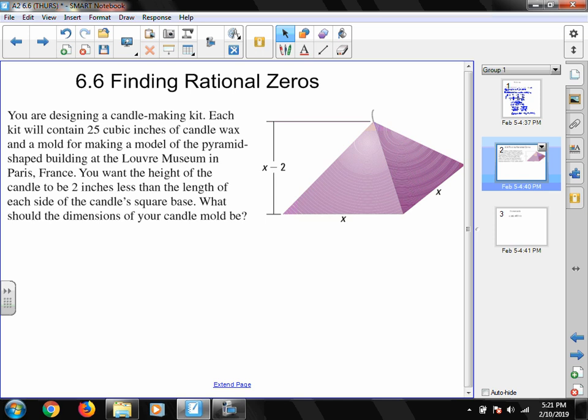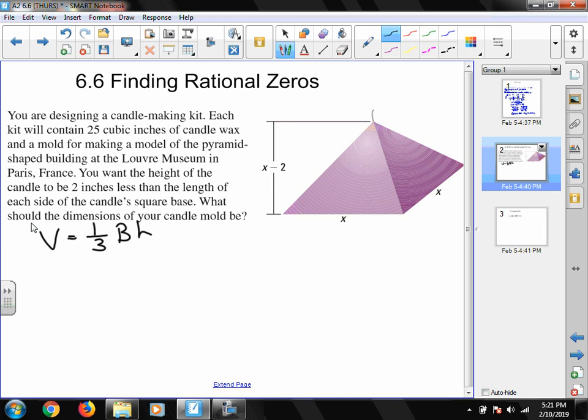First of all, before we get started, we need to figure out how to find the volume of a pyramid. Volume of a pyramid is 1/3 the area of the base times the height.